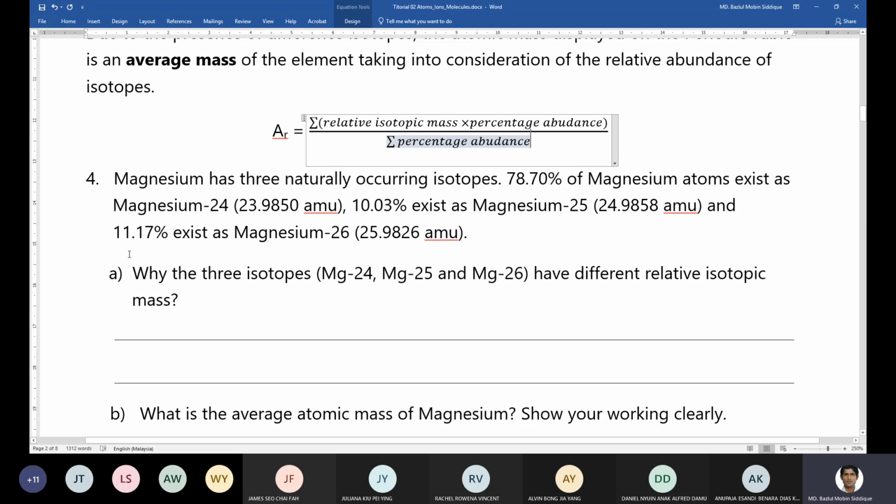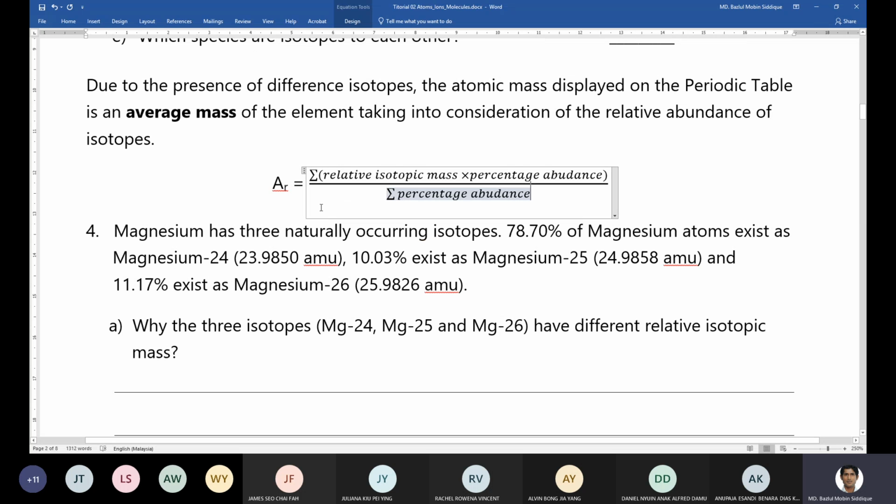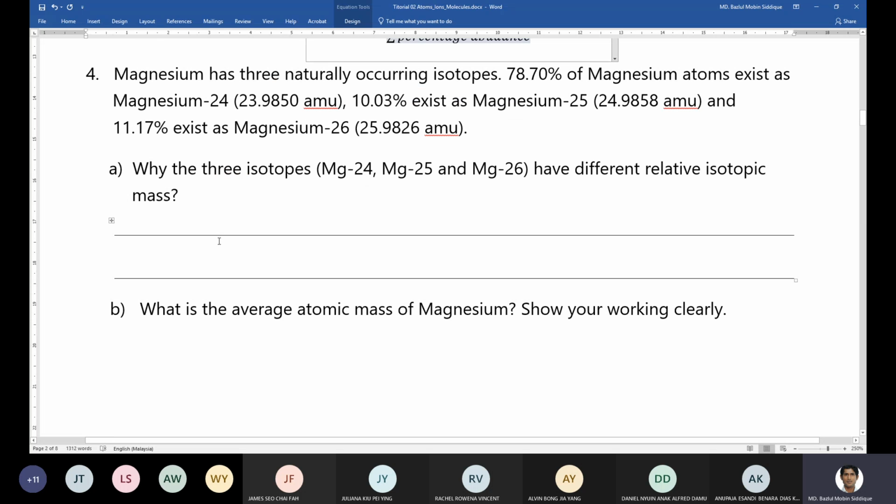So the average mass is expressed in this way. For magnesium, there are three isotopes.